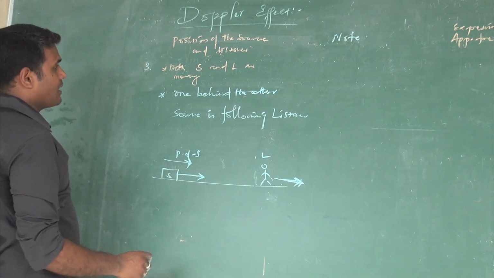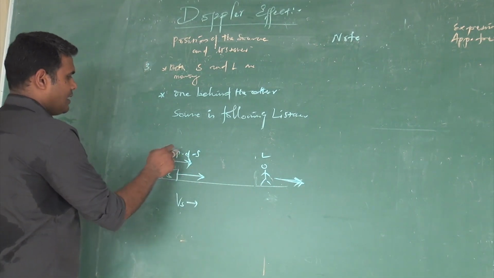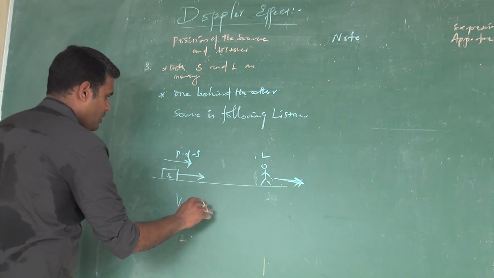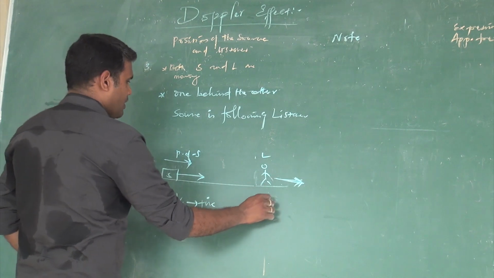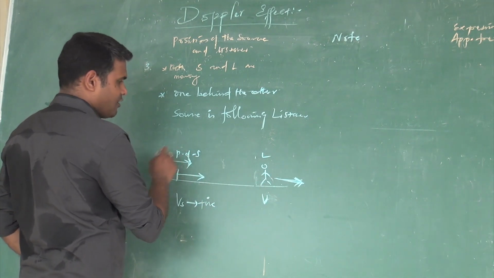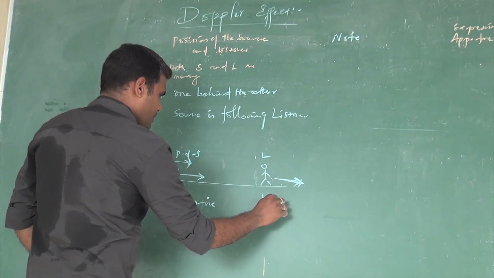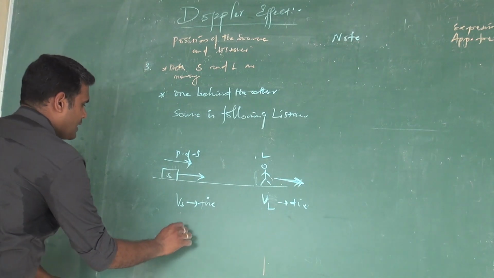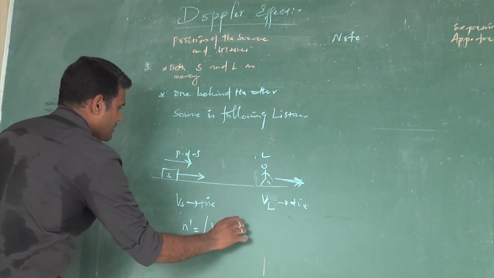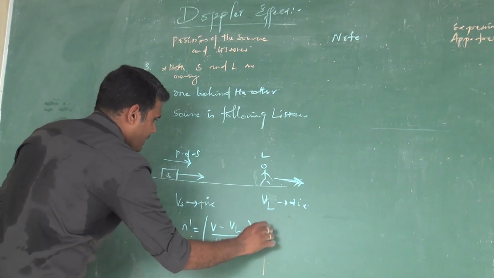So by applying sign convention here, Vs is along the same direction of propagation of sound, so Vs is positive. Our listener is also along the same direction of propagation of sound, so VL is also positive. So when you apply the sign convention in the general expression, n prime is equal to (V minus VL) divided by (V minus Vs) into n.